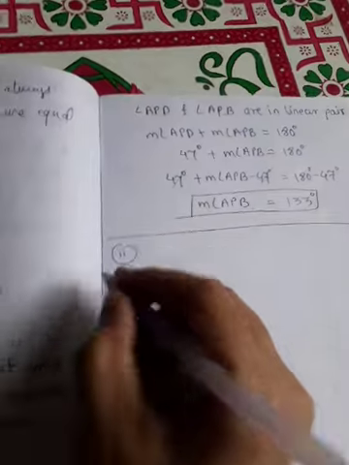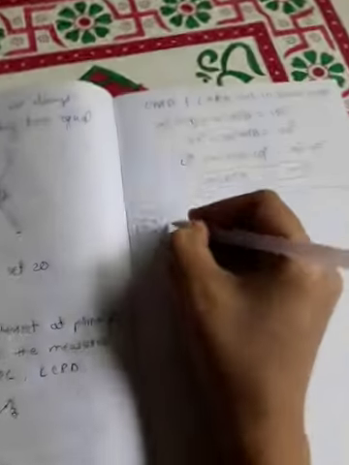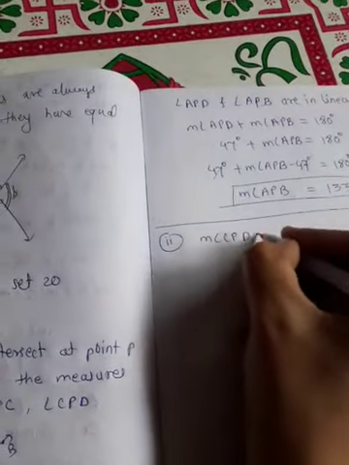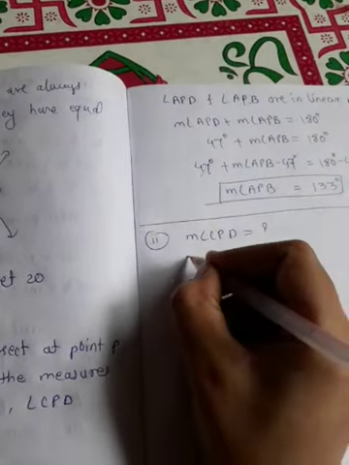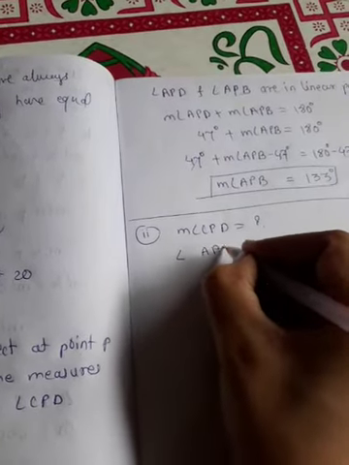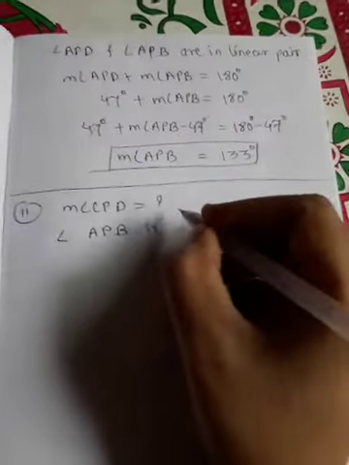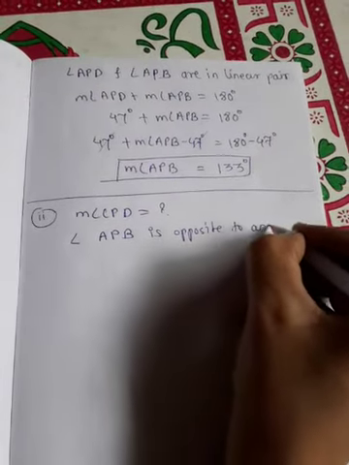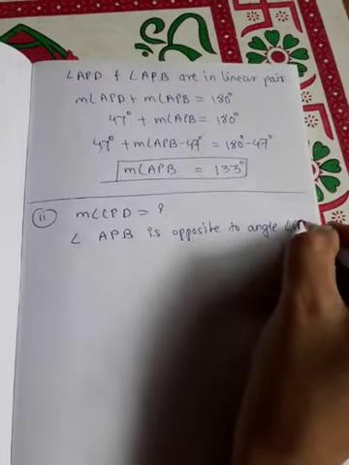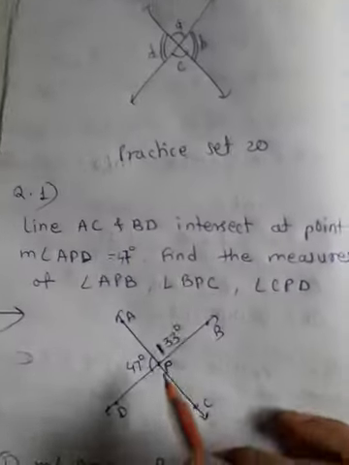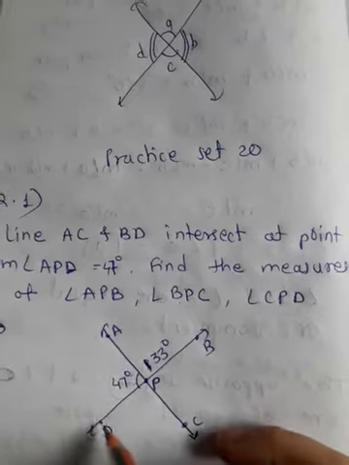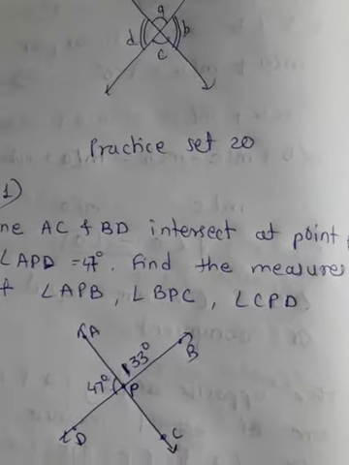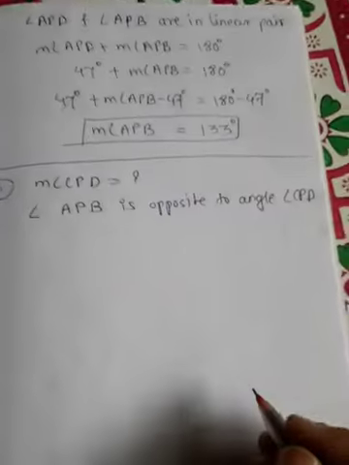So now we find the second, the measure of angle CPD. Here see, angle APB is opposite to angle CPD. From the diagram, angle APB is opposite to angle CPD, and we know that opposite angles are congruent.